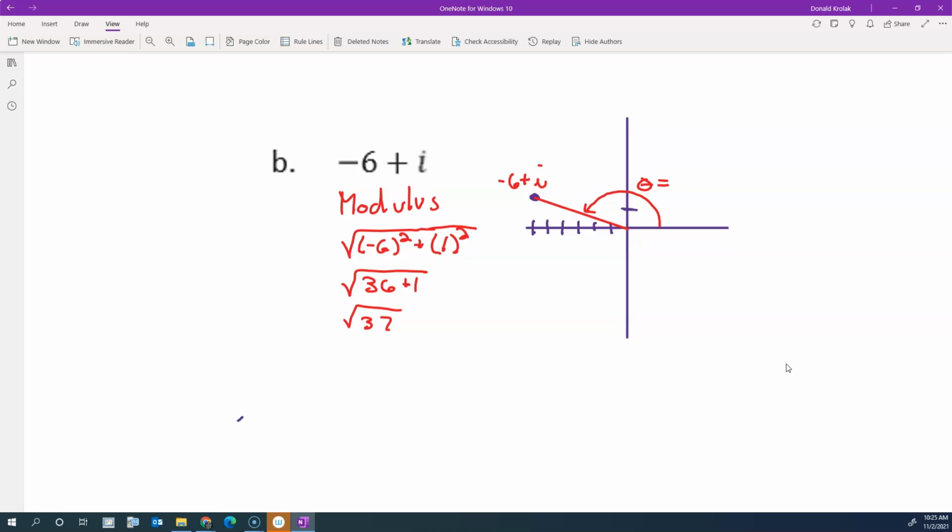Right? Right, so b's 1 and a's -6. Relax.